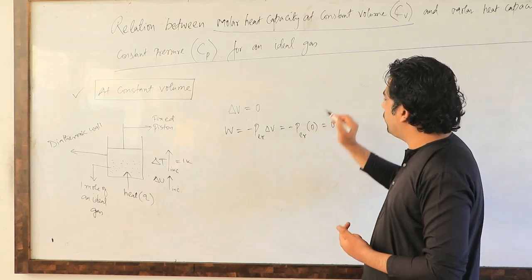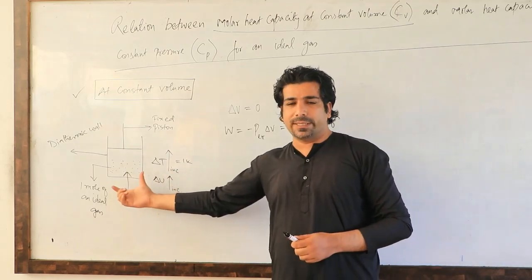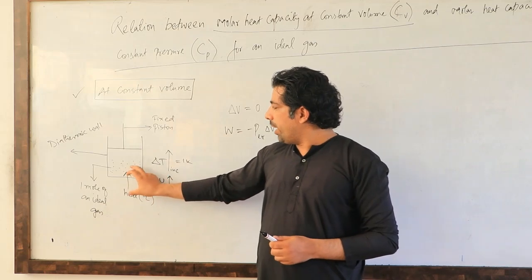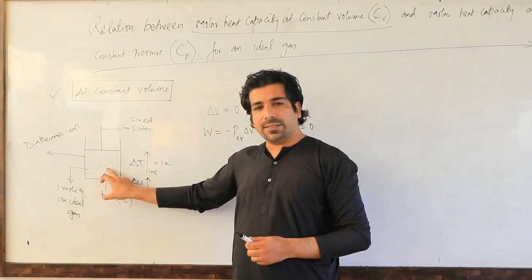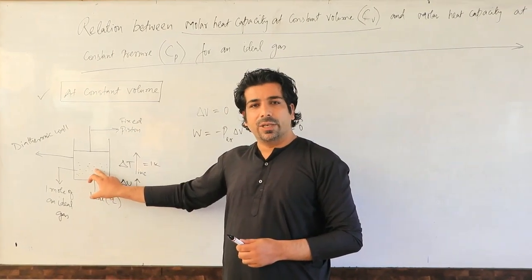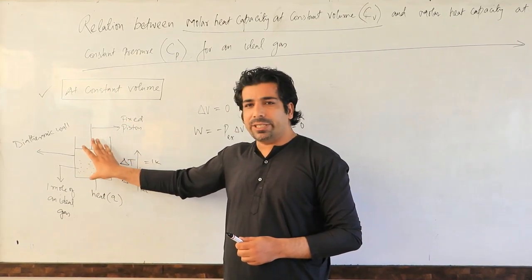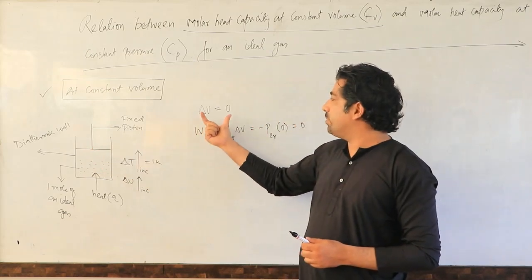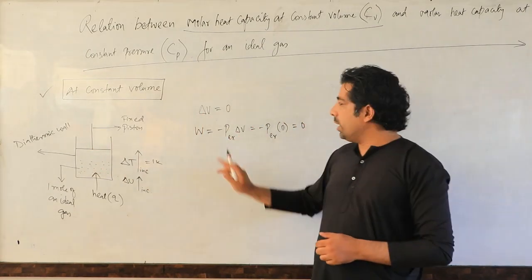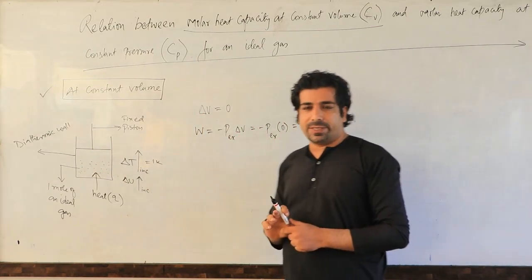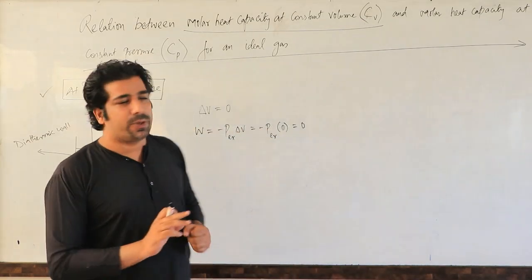So in this particular system, while we are heating the gas, 1 mole of an ideal gas, the piston is fixed, there is no change in the volume. So work done will also be 0, my dear friends. So please remember that particular point.